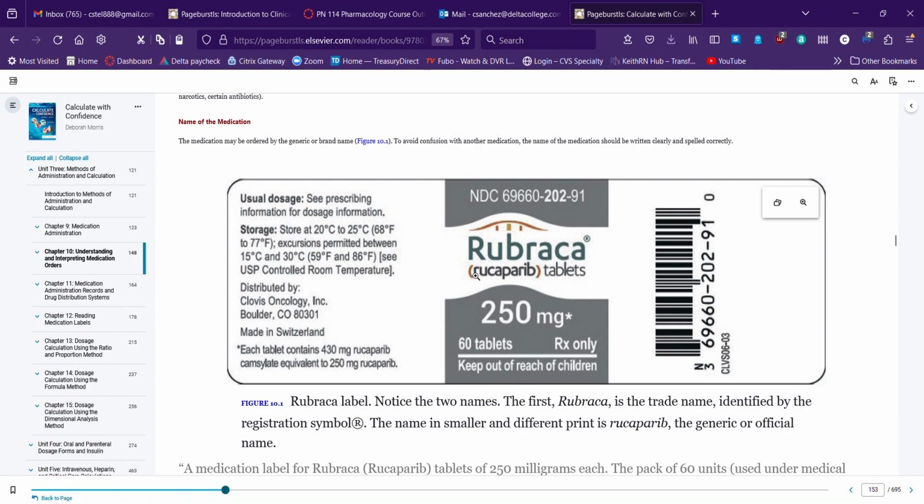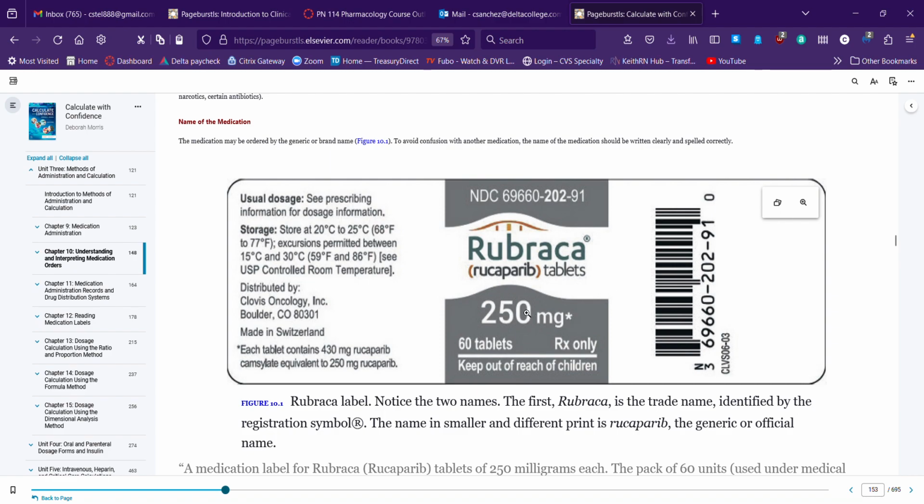So if you have 2 names on there, the lowercase one is always going to be the generic, and then the uppercase or the capitalized one is going to be the brand name or the trade name. Now, if there's only one name on here, there's not a second name, whether it's lowercase or not, then it's going to be generic, because by law, they have to put the generic name on the labels. So if there's only one name, then it has to be generic if that is mandated by law.